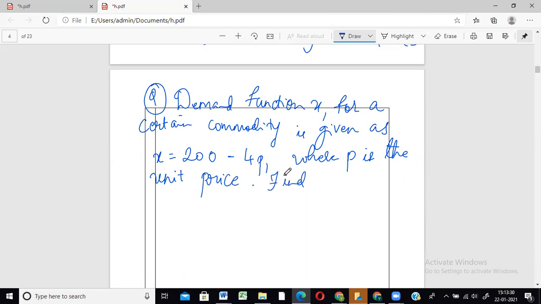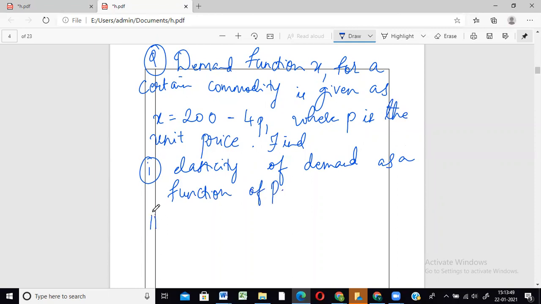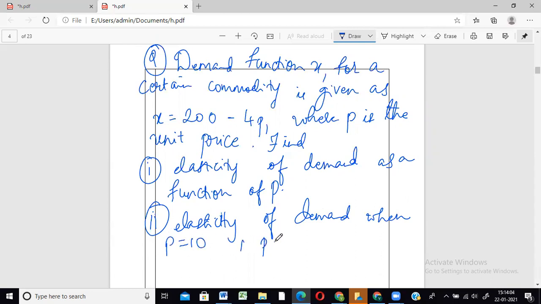Find elasticity of demand as a function of p. Now the next one, elasticity of demand when p is equal to 10, p is equal to 30. Now we have to interpret the results.